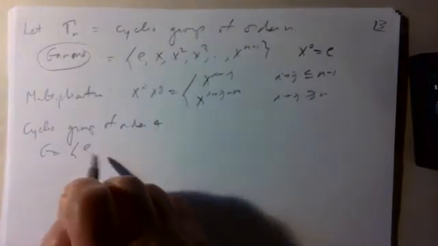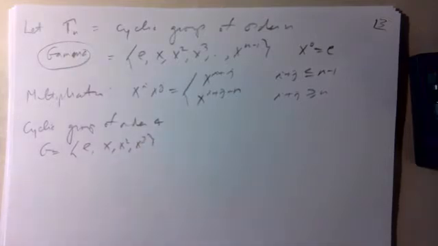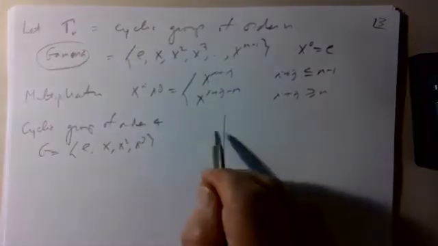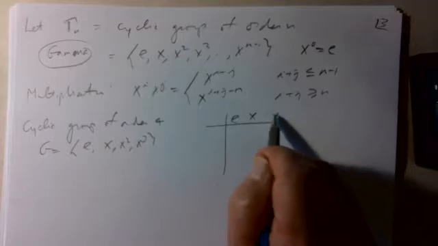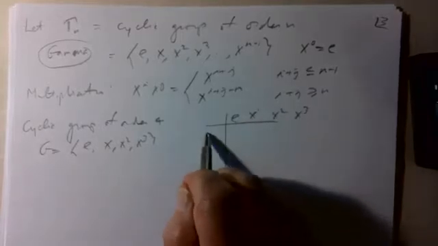It consists of 4 elements, e, x, x squared, and x cubed. And what is the multiplication table? x means x to the first power.